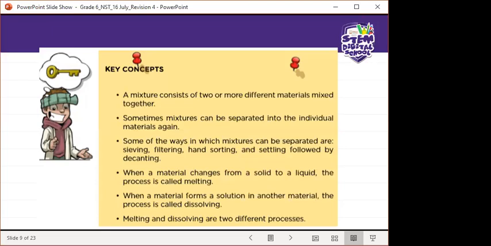When a material changes from a solid to a liquid, the process is called melting. When a material forms a solution in another material, the process is called dissolving. Melting and dissolving are 2 different processes, and we are going to look at this in greater detail in the next slides.